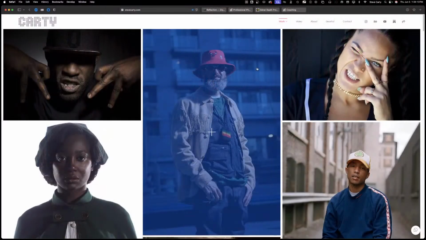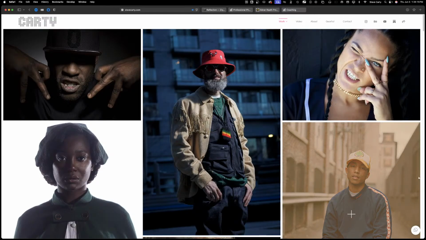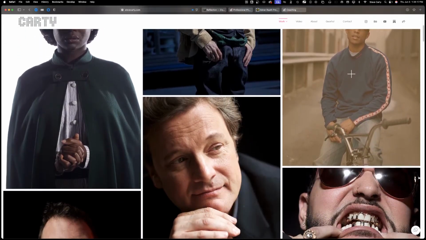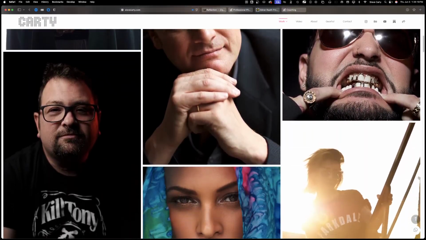Minimalism. If you look at my work, I am a minimalist when it comes to my photography and when it comes to the elements within my photos. I'm singular with my compositions.